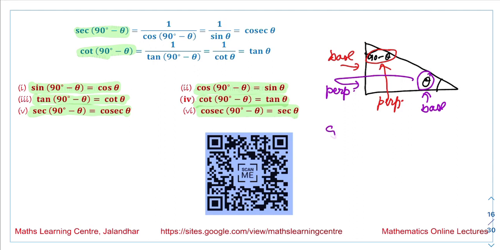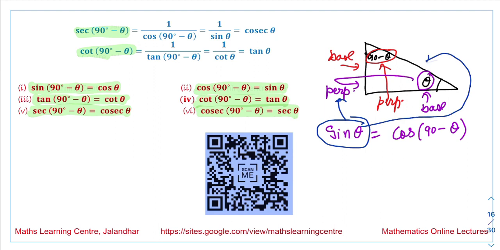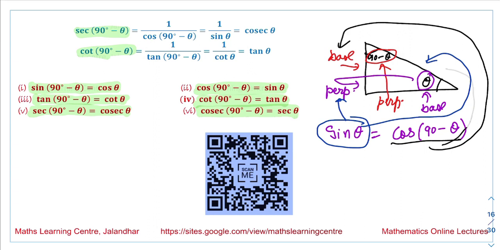Sine theta is equal to cos of 90 minus theta, because sine theta is perpendicular over hypotenuse, and cos 90 minus theta is base over hypotenuse, and the base for cos 90 minus theta is the perpendicular corresponding to the angle theta.